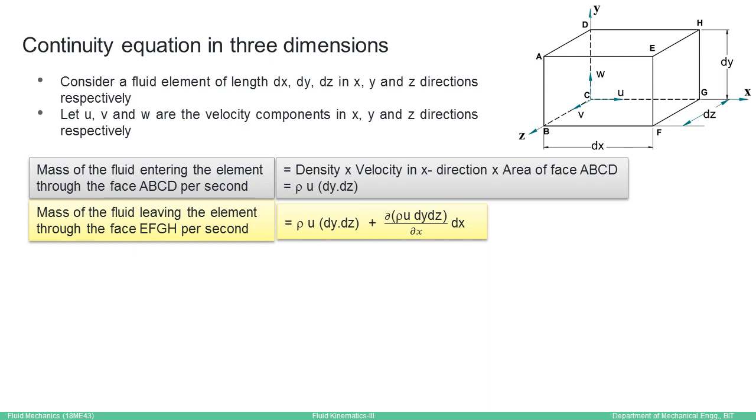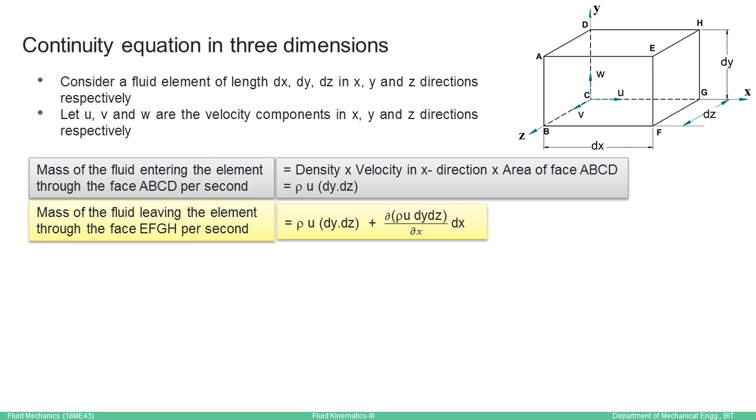Similarly, the mass of the fluid leaving the element through the face EFGH on the right hand side per second is equal to rho u multiplied by dy dz plus ∂(rho u dy dz)/∂x multiplied by dx.